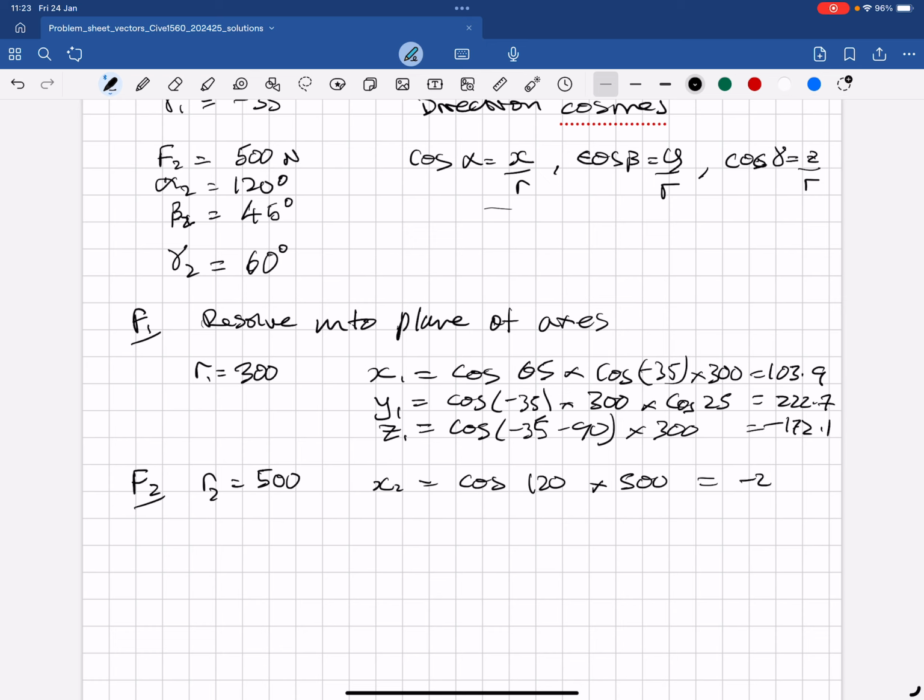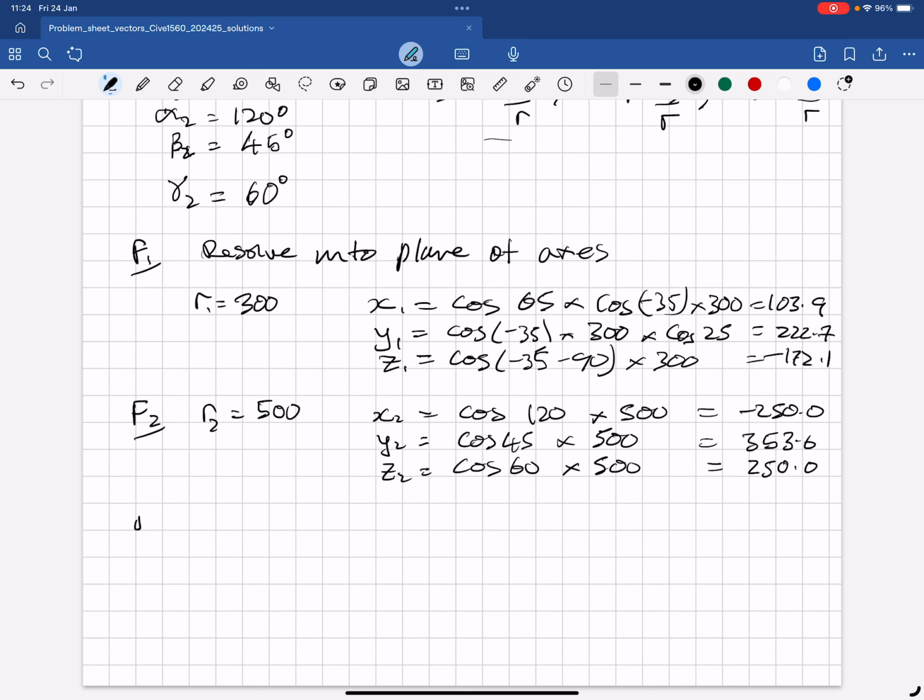That comes to minus 250.0. Y2 is cos 45 times 500, equals 353.6. Z2 is equal to cos 60 times 500, which comes out to be positive 250 this time.